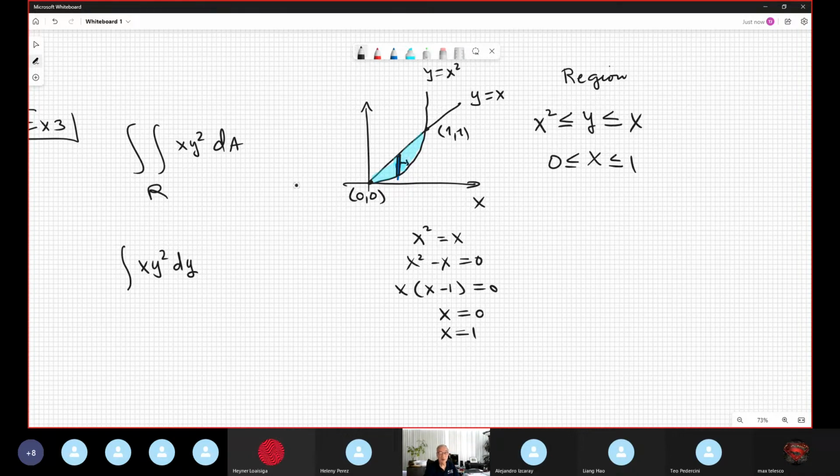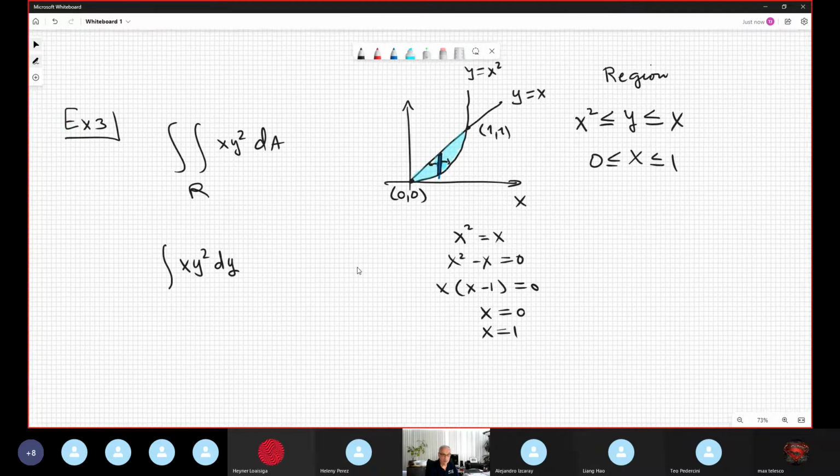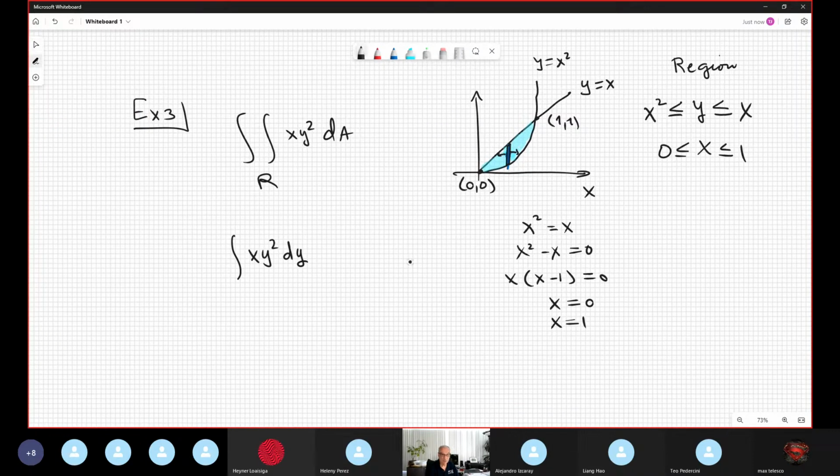When you open the window in that direction, you go from x equals 0 to x equals 1. Now it's obvious that for the first integral, the limits are x squared and x. This is the y integral, and this is dy. And when you finish this, you integrate with respect to x, from 0 to 1. Bam! This is our double integral.